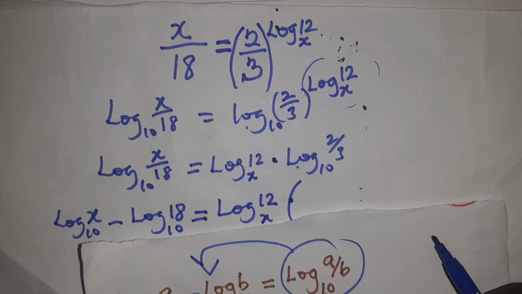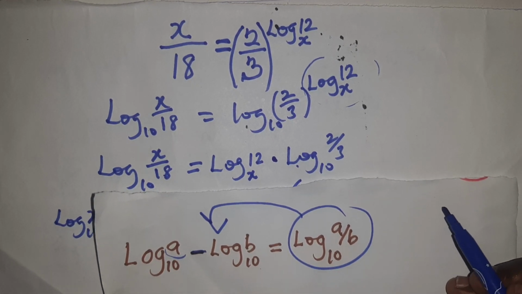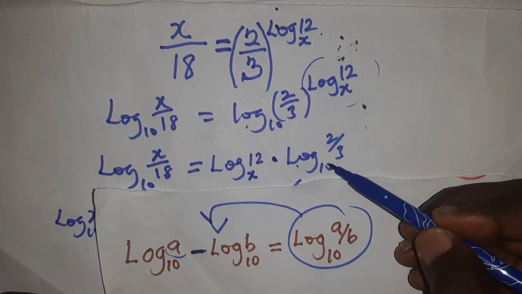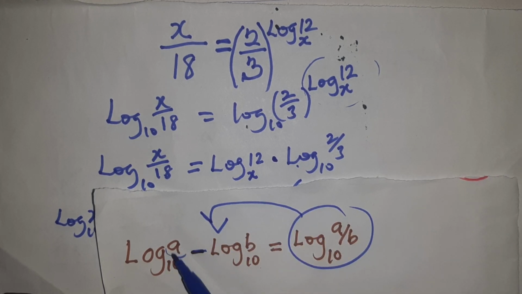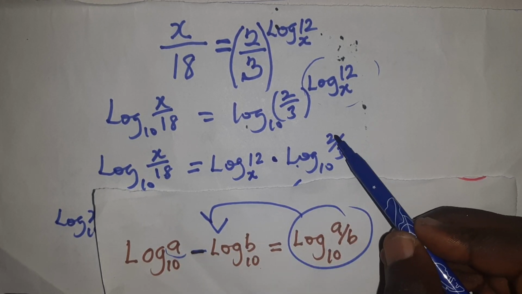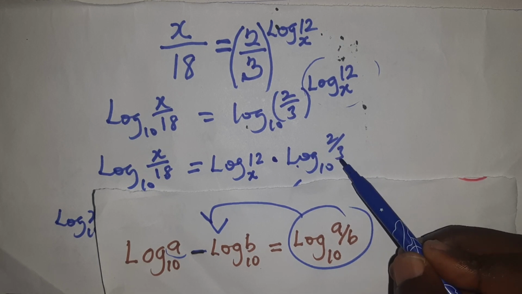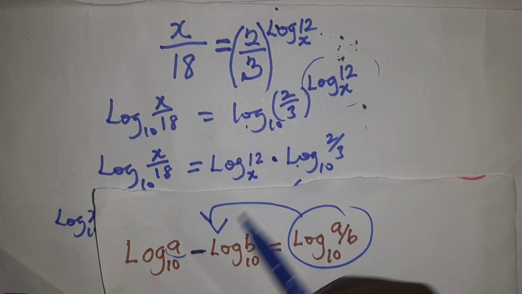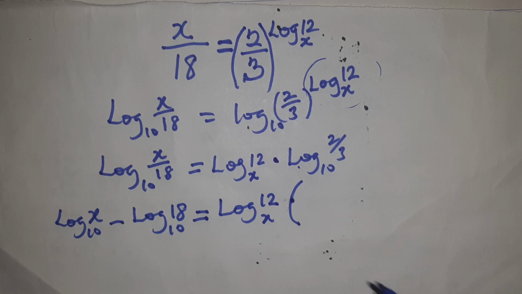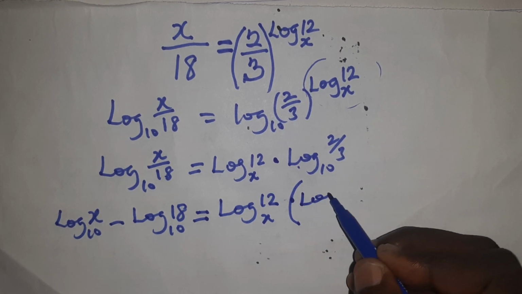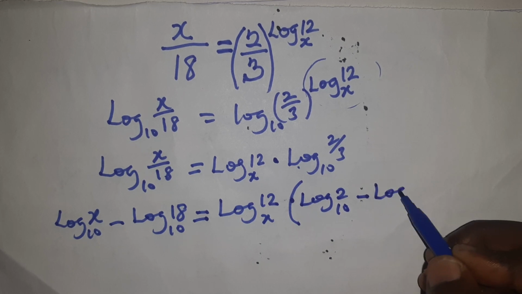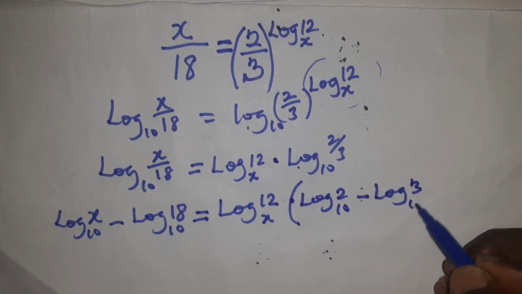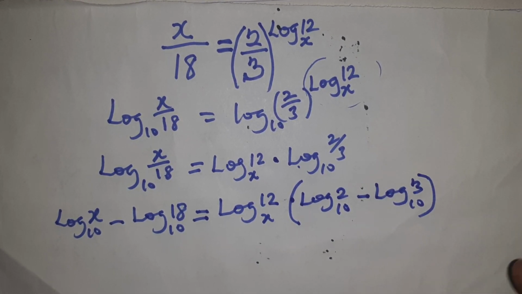So the same pattern again is still here: log 2 over 3 base 10, log a over b base 10. If I can reverse this to log a base 10 minus log b base 10, I'm going to write this one as log 2 base 10 minus log 3 base 10. So this one now becomes log 2 base 10 minus log 3 base 10, then you close the bracket.